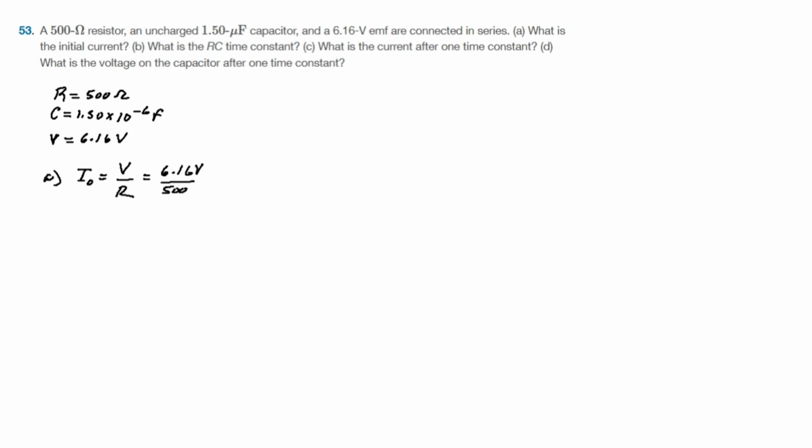So the initial current would be 0.01232 amperes, which is approximately 12.3 milliamperes. So that is my initial current.